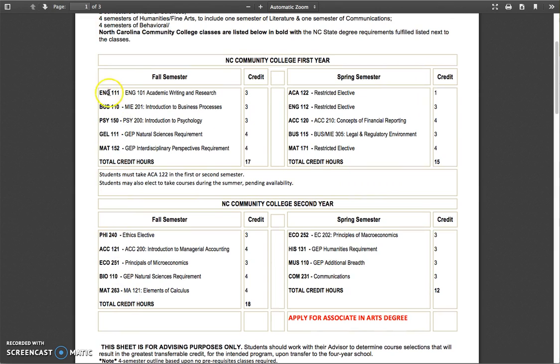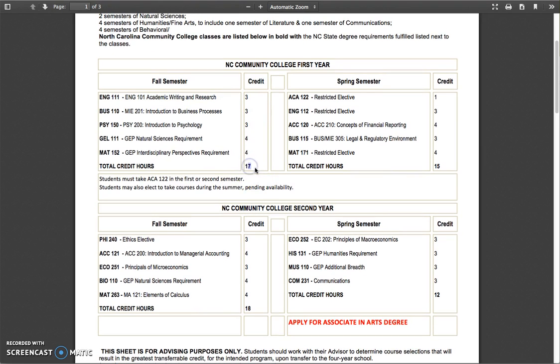What's nice about this is it tells you what you'll take at the community college, English 111, and what it will transfer as at the senior institution. So community college course, senior institution course, how many credits? Notice that this is a lot of credits, 17 hours, 18 hours. You may not complete this in 4 semesters, and that's okay.